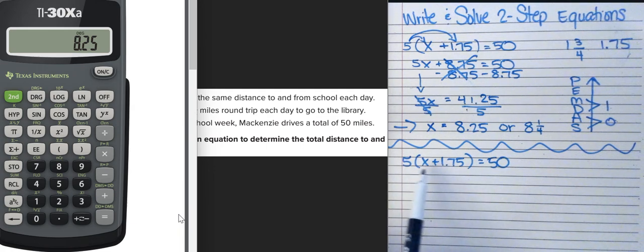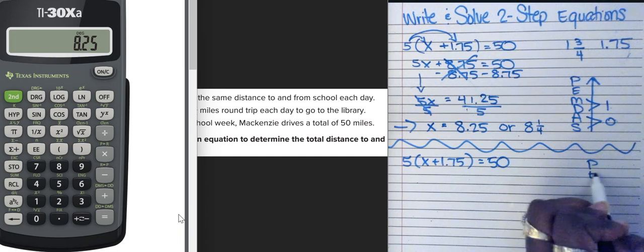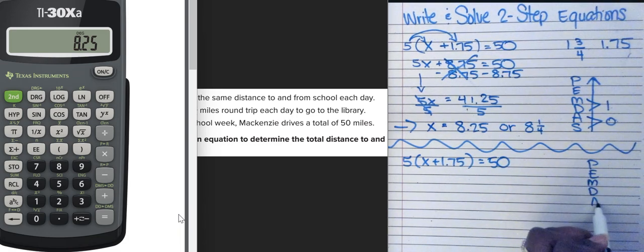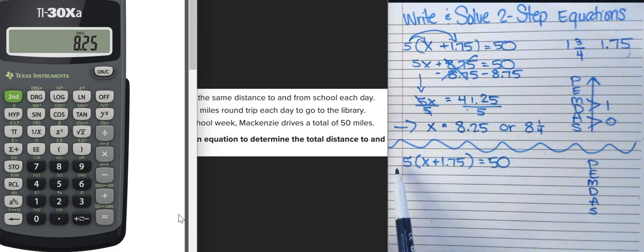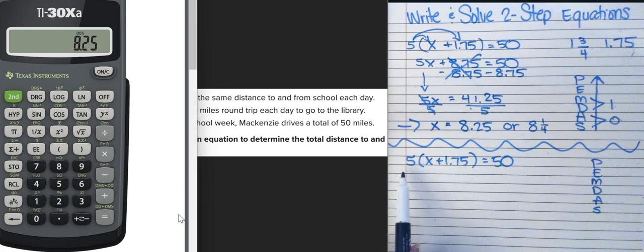In other words, we have 5 sets of this. So if I'm using PEMDAS like we did before, we're looking at what operations are happening. We notice that there is no addition or subtraction outside of the parentheses. So then we move into multiplication or division, and I see that we are multiplying by 5.